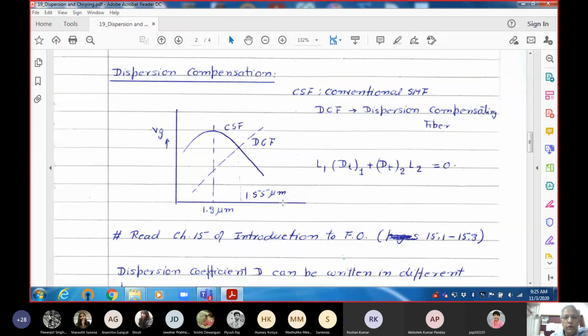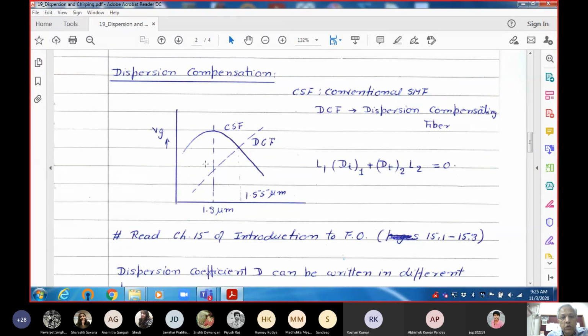In this figure I have shown you the group velocity. If it is a conventional single mode fiber, then it is optimized at 1.3 micron, so the group velocity curve would be like this. Beyond 1.3 you would have a positive dispersion region, and below 1.3 a negative dispersion region.